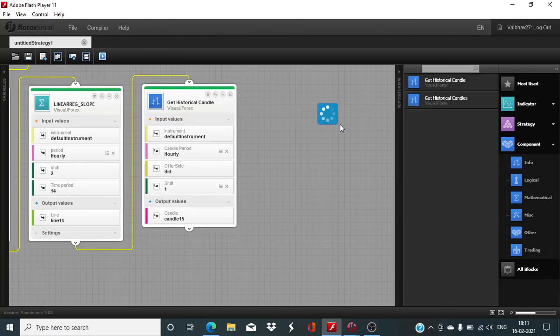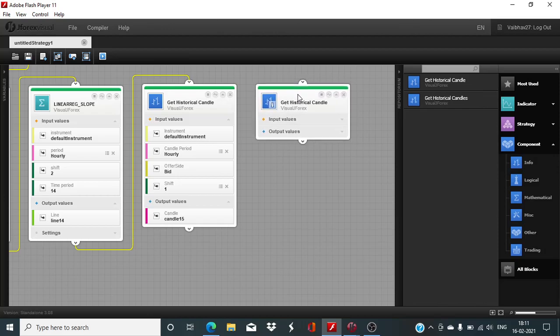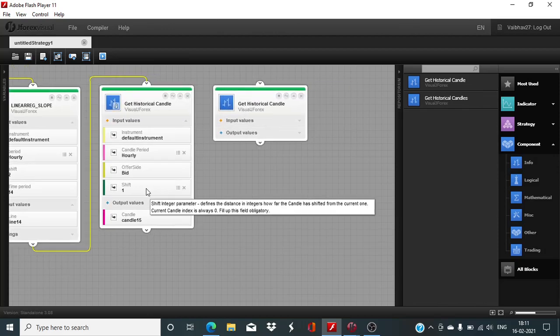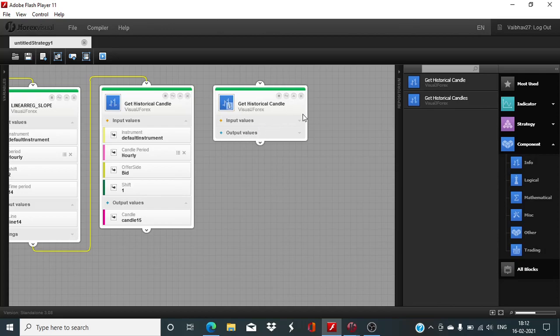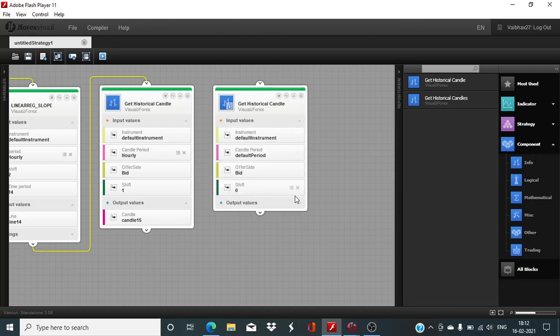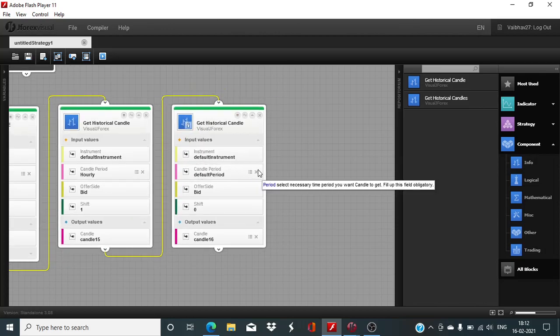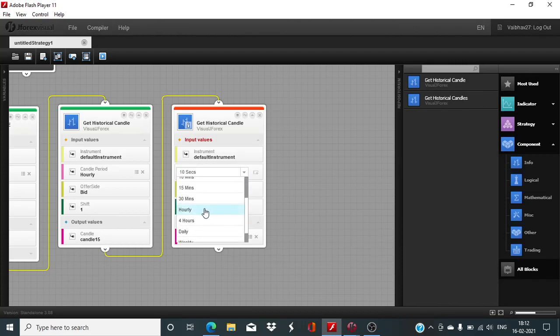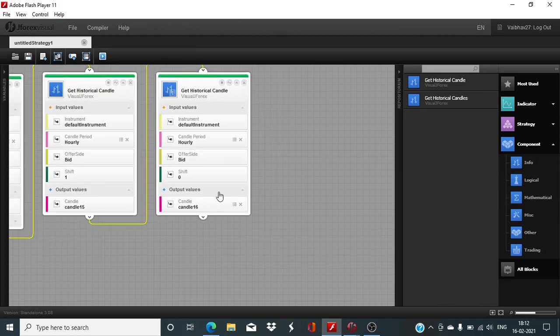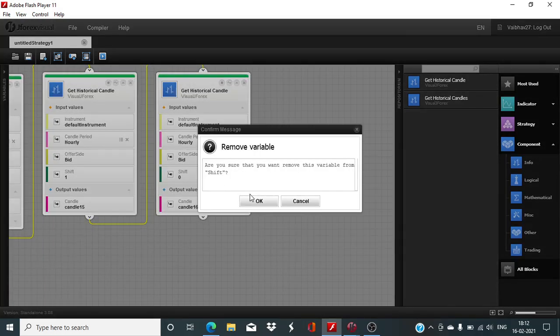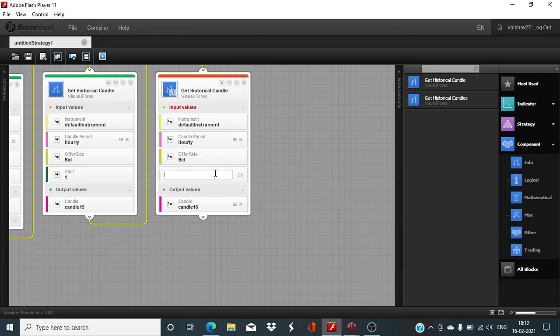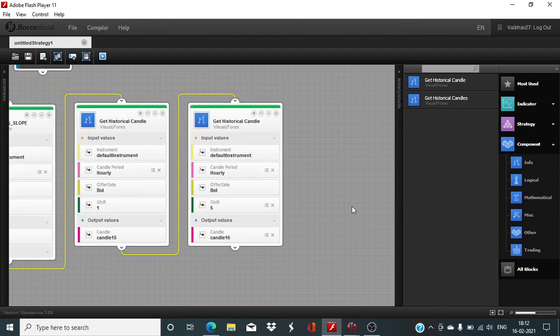One more is required as we are going to compare the closing value of last hourly candle with the candle that has closed 5 hours back. So the time interval between the two is 4 hours. This also needs to be of hourly time frame. Shift 5. Okay.